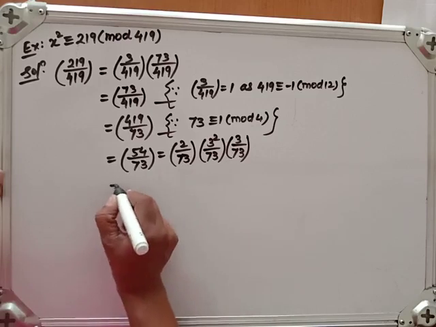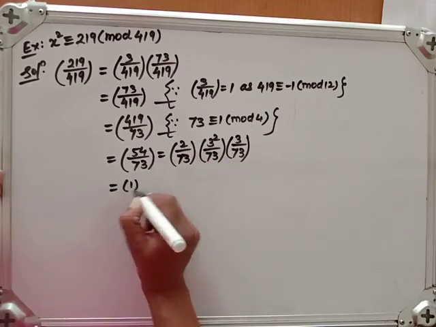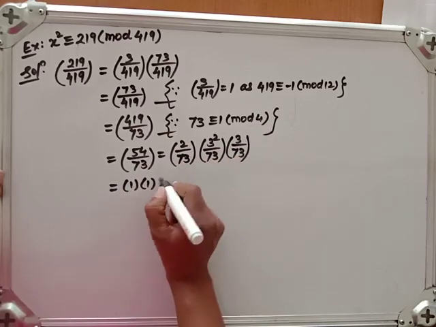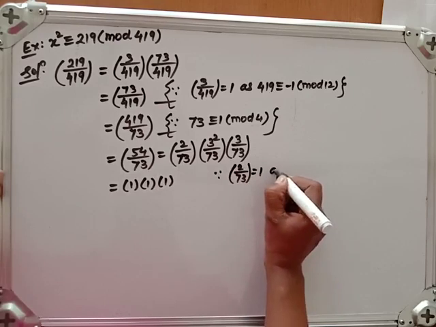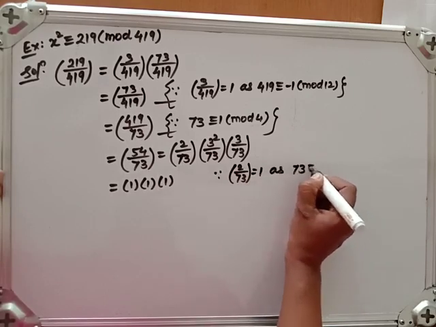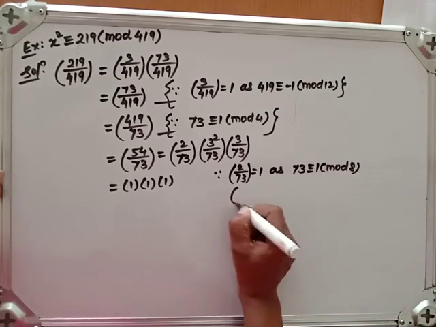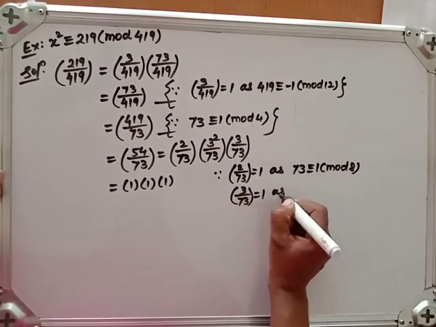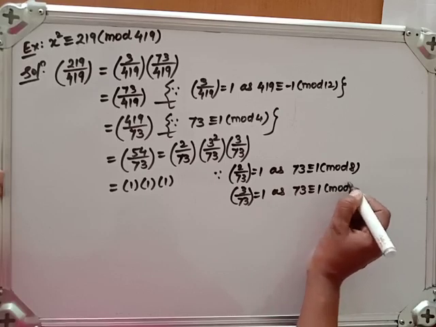Now 2 by 73 will become 1, this is also 1, and 3 by 73 is also 1. Because the Legendre symbol of 2 by 73 is 1, as 73 is congruent to 1 modulo 8. And the Legendre symbol of 3 by 73 is 1, as 73 is congruent to 1 modulo 12.